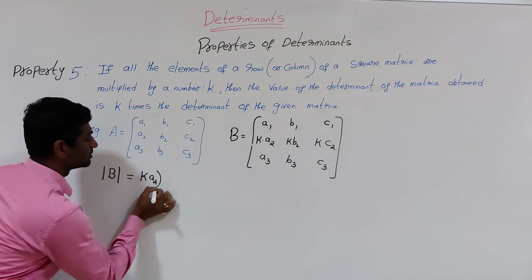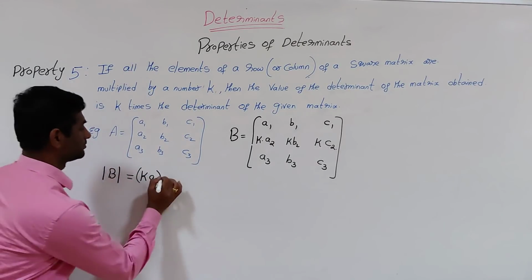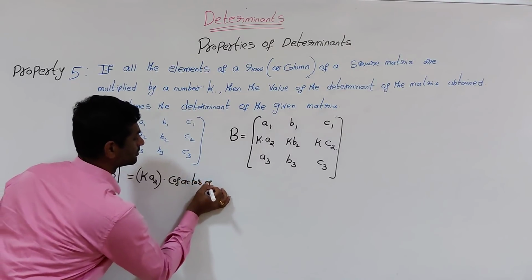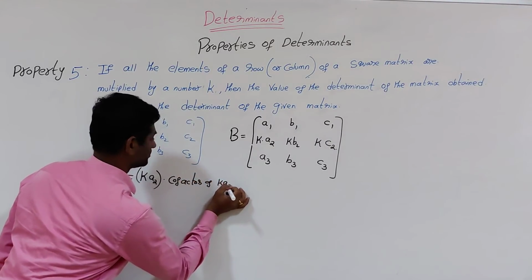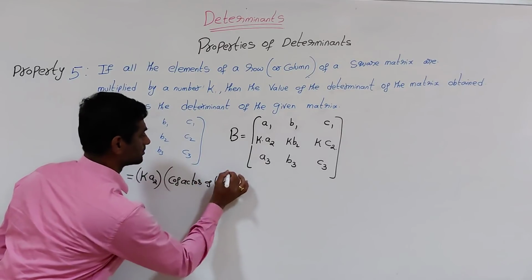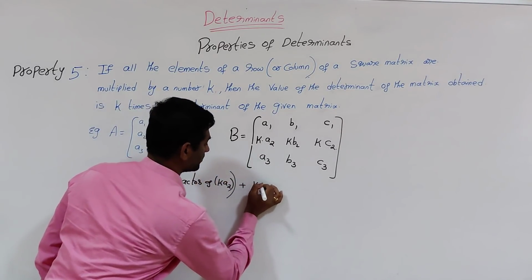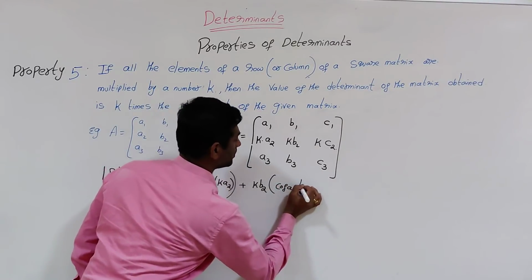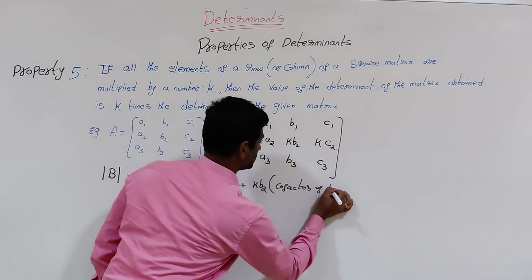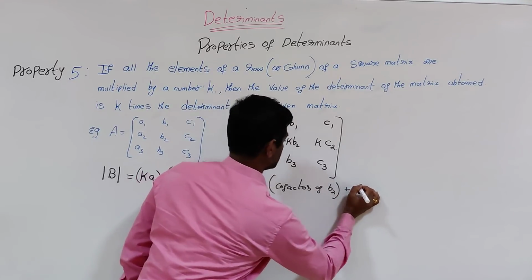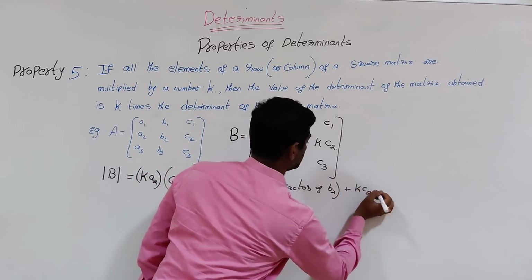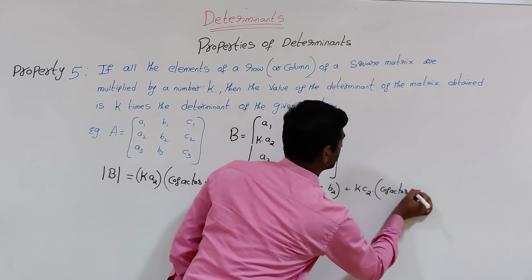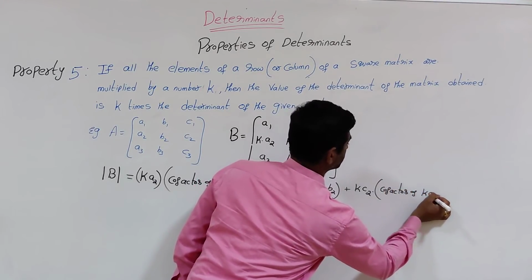KA2 into cofactor of KA2, plus KB2 into cofactor of B2, plus KC2 into cofactor of KC2.